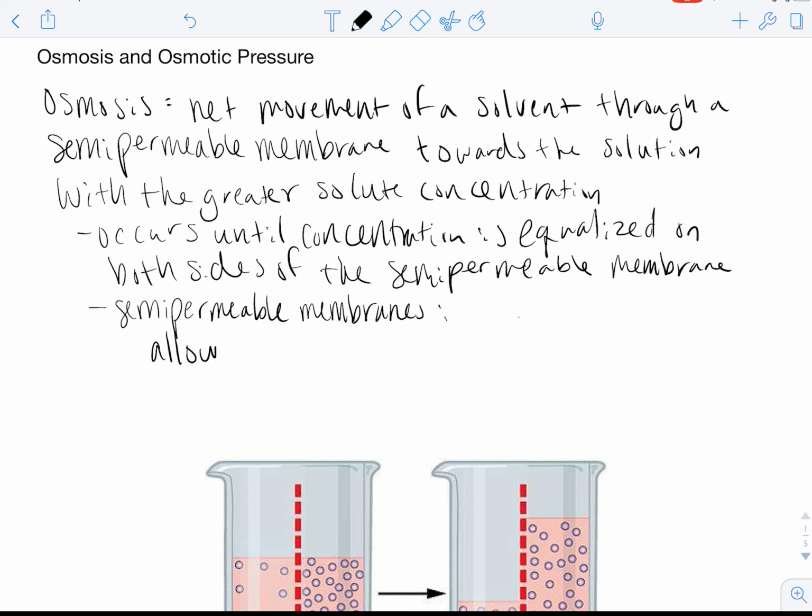So we're going to allow small uncharged particles to pass, such as water.